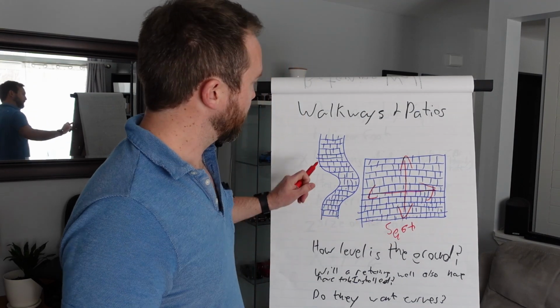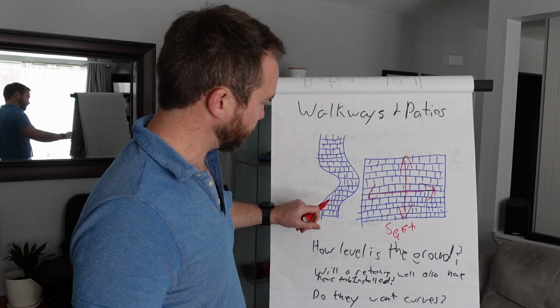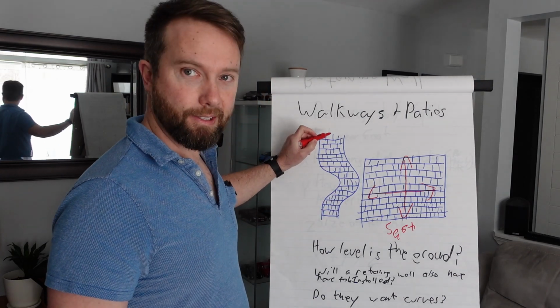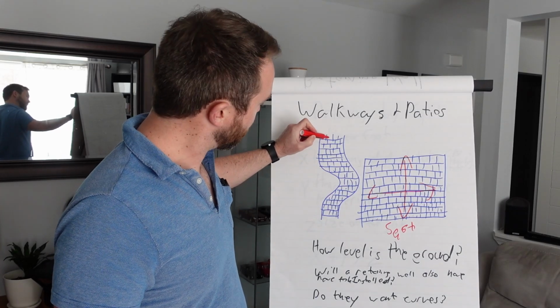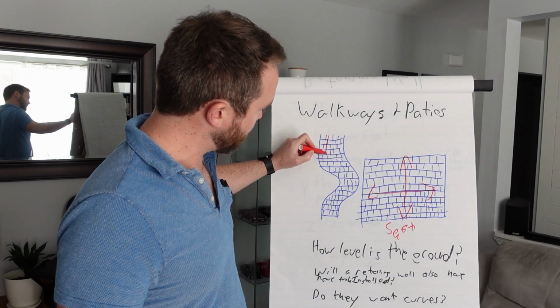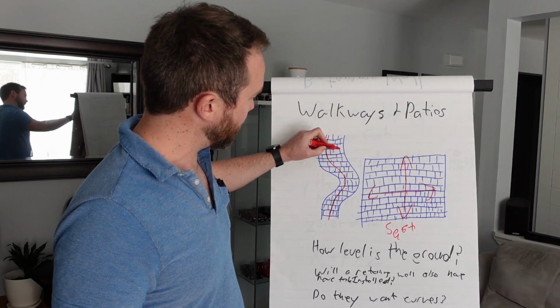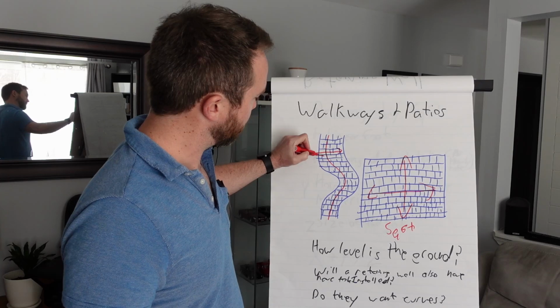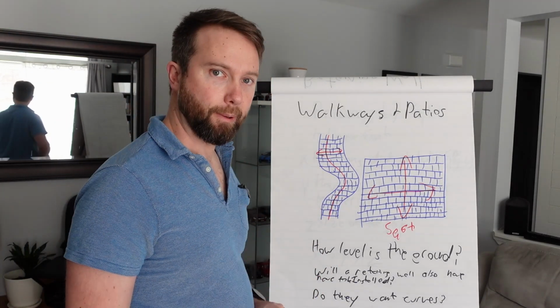But if they want to put some curves in it, let's say this is a walkway and they want to curve it, I would basically just measure the length of it like that, and then measure the width like that, and that'll give you the square footage for that walkway.